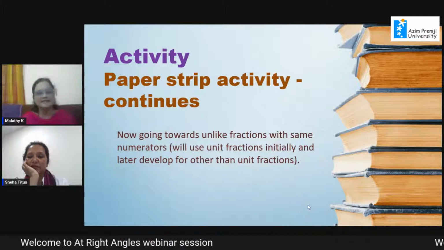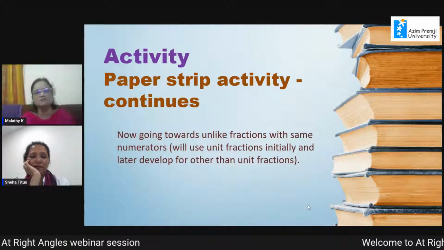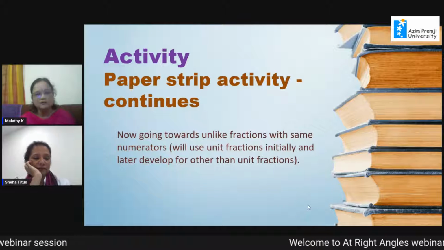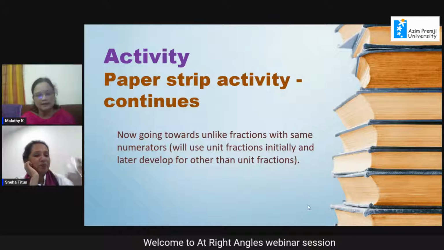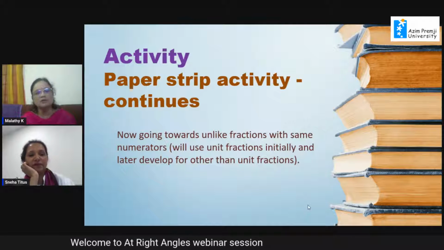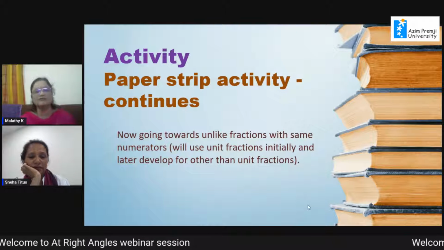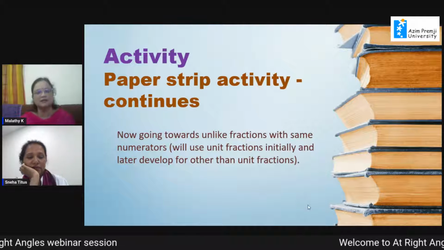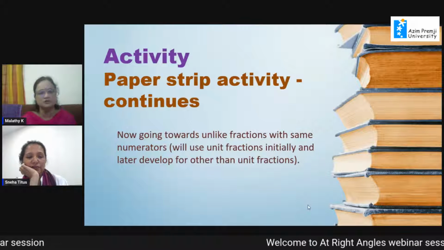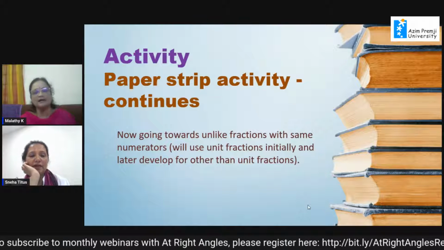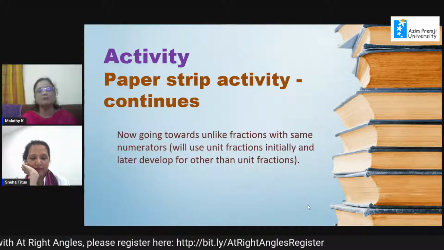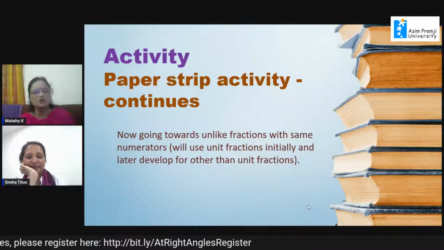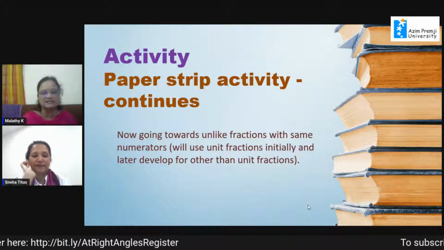So the next, it still counts because it's not over with just like fractions. Now we're going towards unlike fractions also. Now they will be feeling somewhat comfortable with like fractions and slightly moving up to the higher level. When we say unlike fractions, they blink at us actually. With same numerators, when we show the strips, they will easily understand.